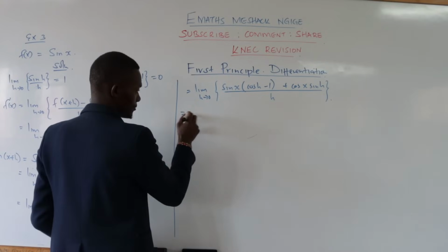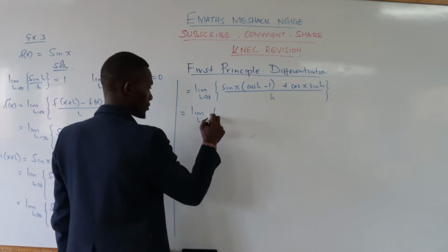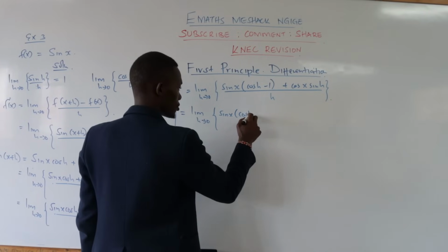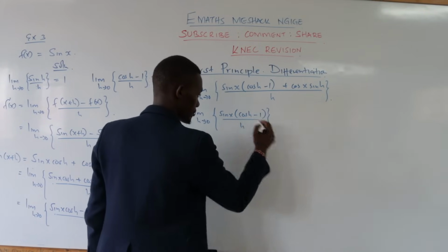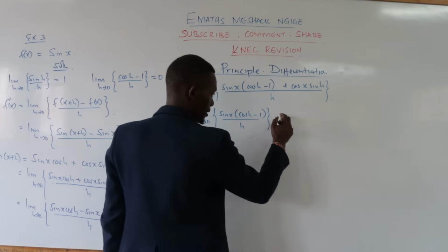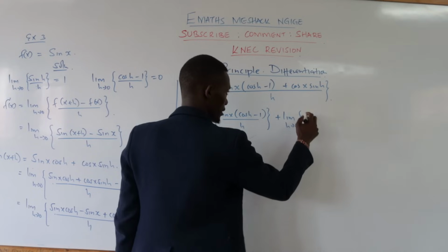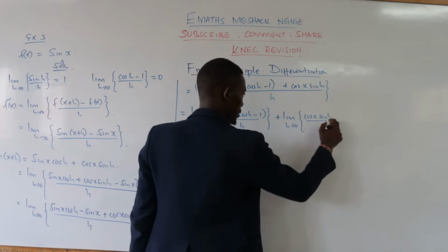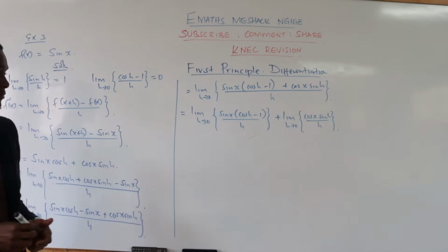So we split now. Limit as h tends to 0, then we have sine of x into bracket cos of h minus 1, then all over h, then bracket that, then plus the limit as h tends to 0, then you have cos of x sine of h, then you have h. So we have that.